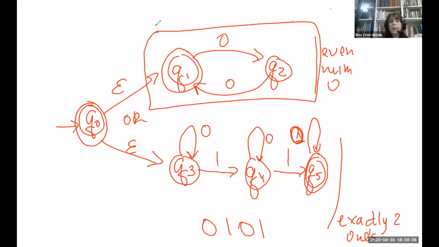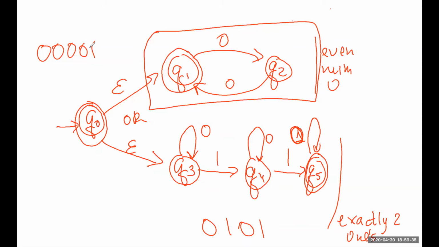Okay. So basically, should I accept ones in Q1 and Q2? No. When I was asked about even number of zeros, or exactly 2 ones, when I mentioned even number of zeros, should it be only zeros, or can it be a word like 4 zeros and 1? Should it be accepted? Yes.